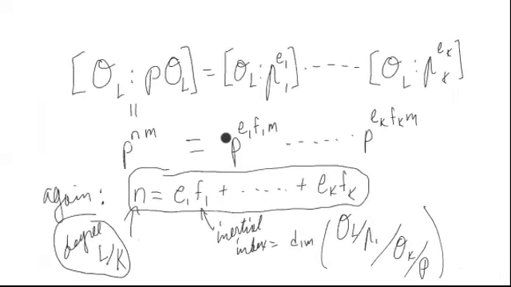So P to the nm is equal to this product, and taking the m out from both sides, or factoring out, we end up getting the same idea. Where n is the degree of the field extension, and that's equal to the sum of these products between inertial degrees and the ramification index, as we go along there in that particular case.